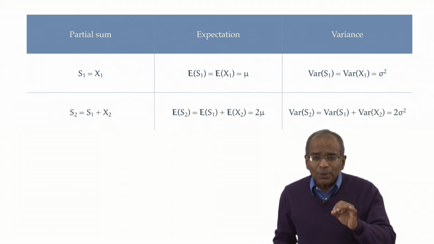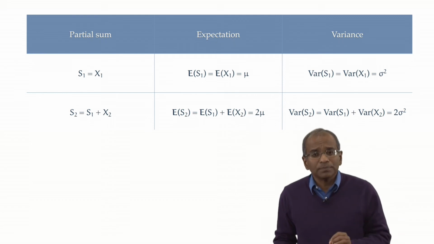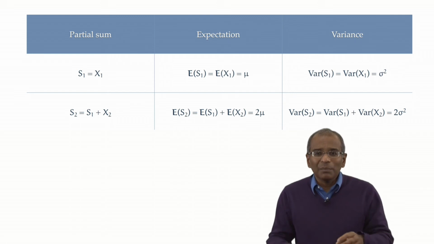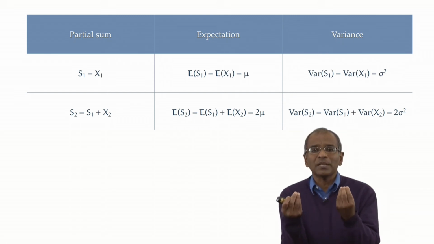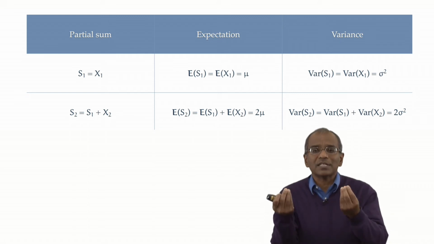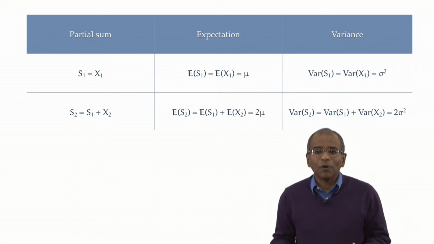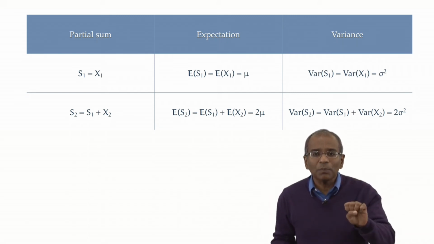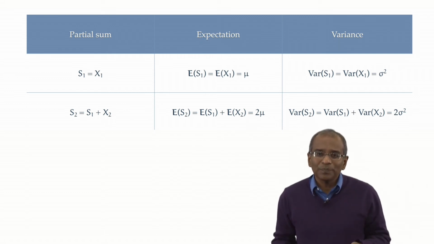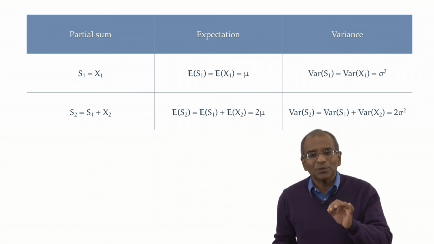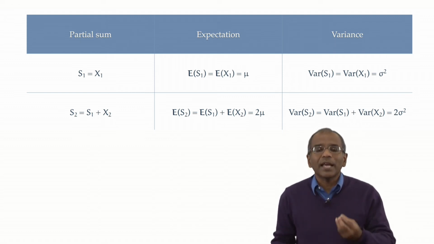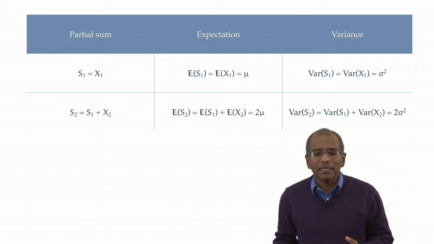But S2 is S1 plus x2. S1 is independent of x2. Both these variables have got mean or expectation mu, and both of them have got variance sigma squared, and therefore the expectation of S2 by our additivity result is twice mu. The variance of S2 by additivity, because the summands are independent, is twice sigma squared.